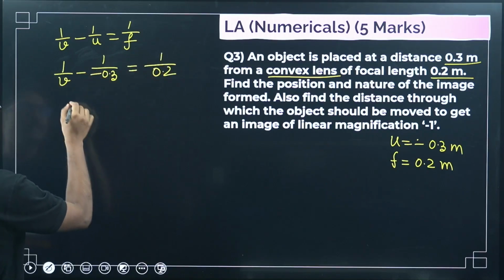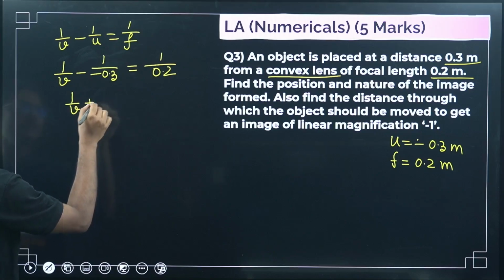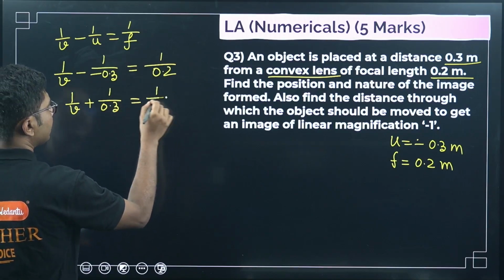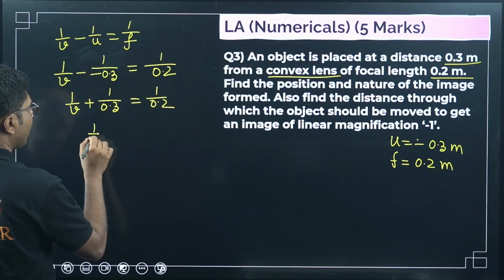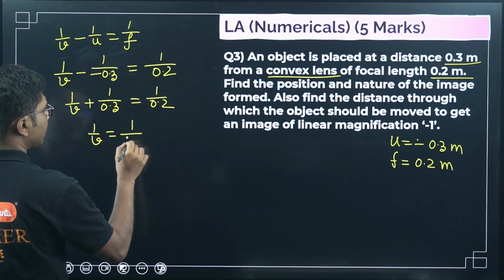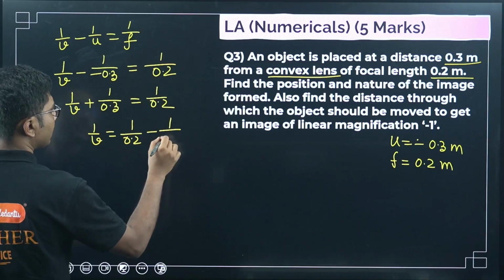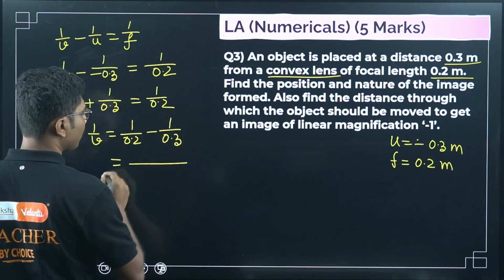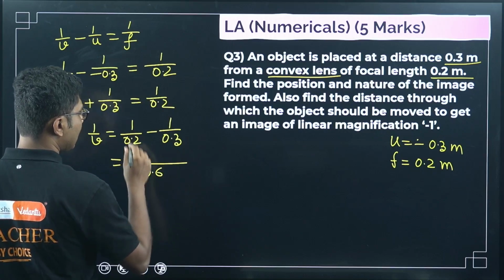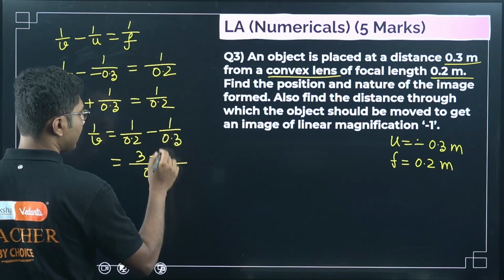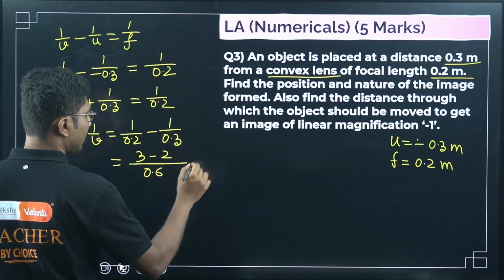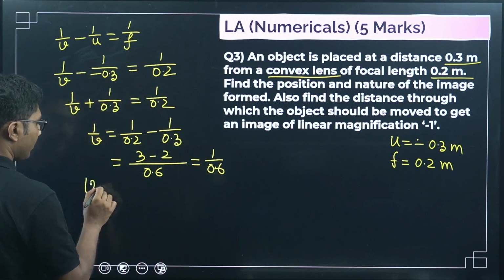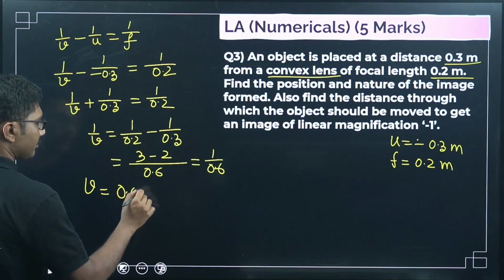Now this minus minus will cancel, so it will become plus 1 by 0.3 equals 1 by 0.2, or 1 by v equals 1 by 0.2 minus 1 by 0.3. Okay, so just the LCM will be 0.6, 3 by 0.6 minus 2 by 0.6, so it will be 1 by 0.6, or v equals 0.6 meters.